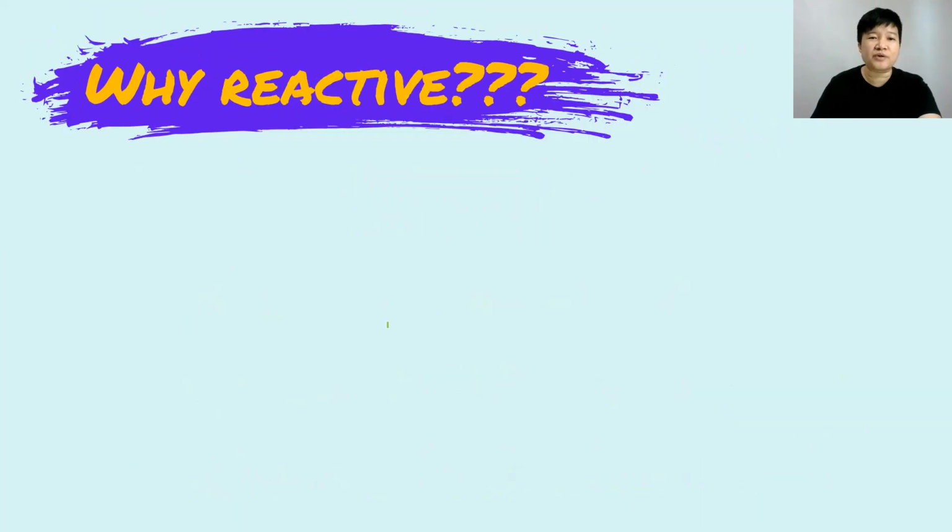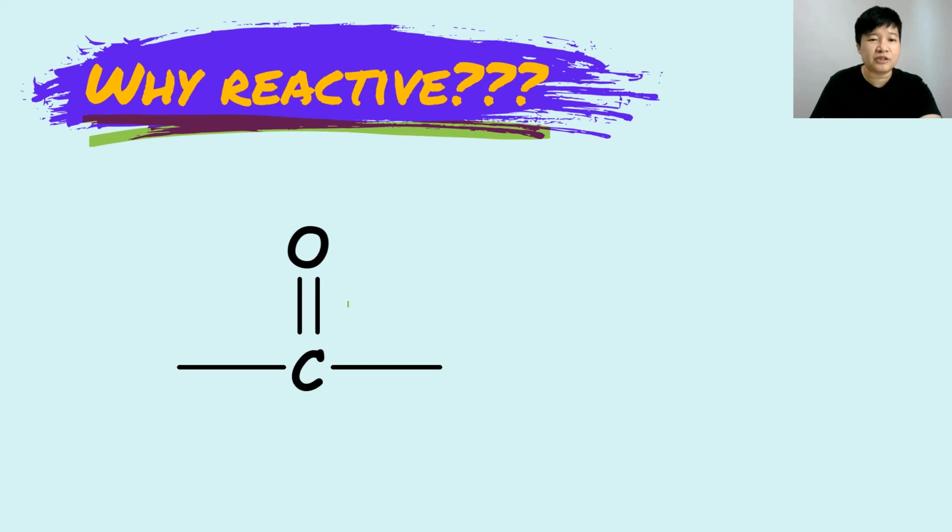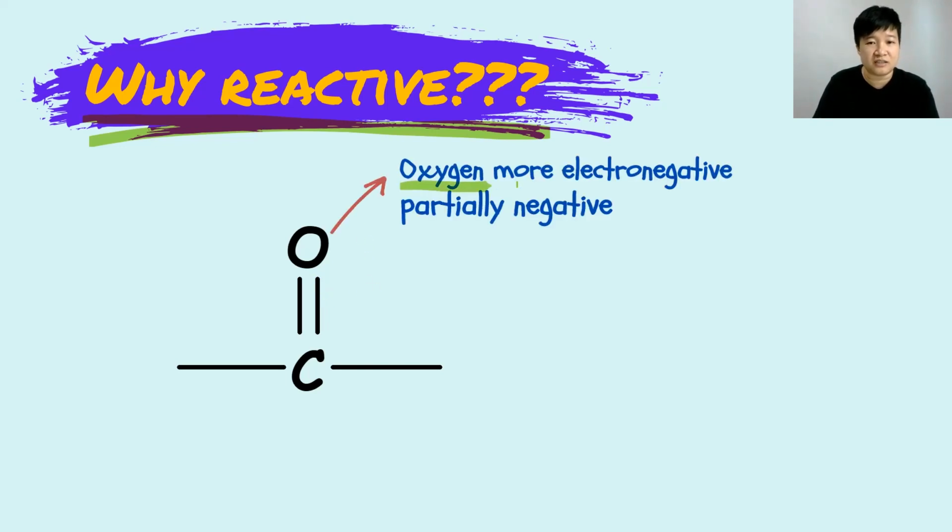So let's jump straight into why carbonyl compound is reactive. Everybody knows that carbonyl compound looks something like this. We have the presence of your C double bond O as your carbonyl group. So that is your carbonyl compound. Why is this carbonyl compound reactive? The reactivity starts because oxygen over here is more electronegative. That will cause the oxygen to be partially negative.